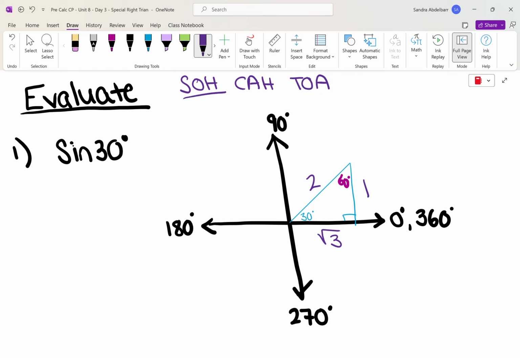Sine says you're going to pair the side opposite over the hypotenuse. Everything is in reference to this 30-degree angle. The side opposite 30 is 1, and the hypotenuse is 2. So the sine of 30 degrees is a half.